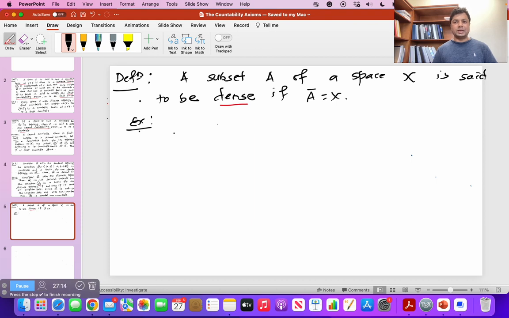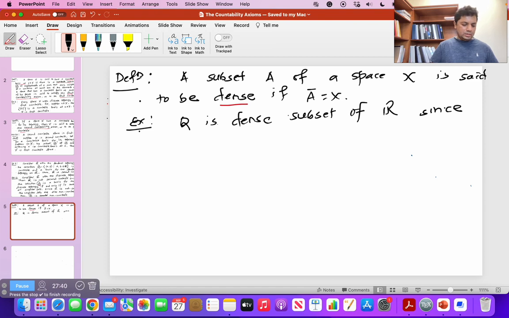So we can say that the set of rational numbers Q is a dense subset of R, since the closure of Q is R itself.